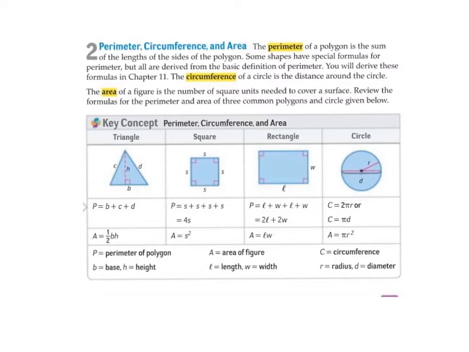Sometimes they're asking you for the perimeter, which is on the outside of the shape. So you've got perimeter for every polygon that isn't a circle, and for the circle and the circle only, it's classed as circumference. And then you've got the area of each. For each of these, they've given you the formula for the perimeter, and then for the same shapes, they've given you the area.